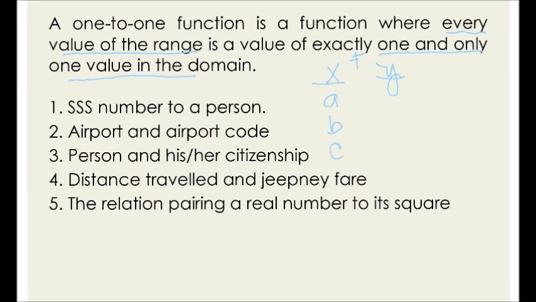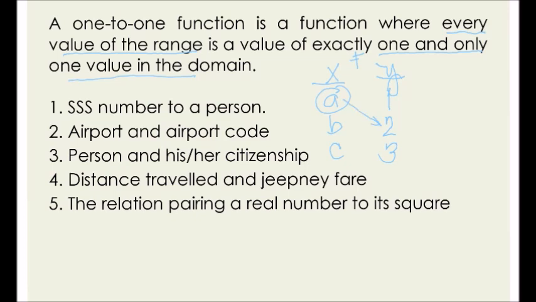Now let's say on the range we have 1, 2, and 3. So it's important to remember that in one-to-one, each element in the domain should only have one pair in the range.